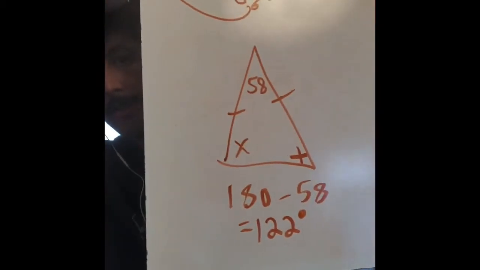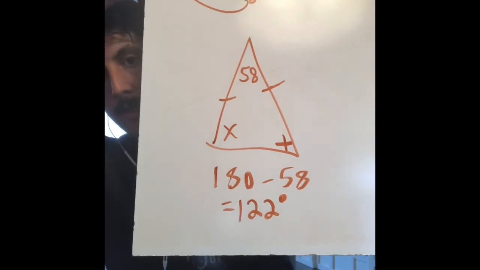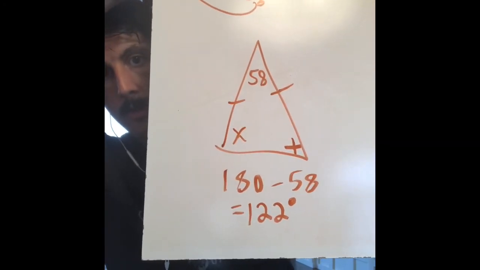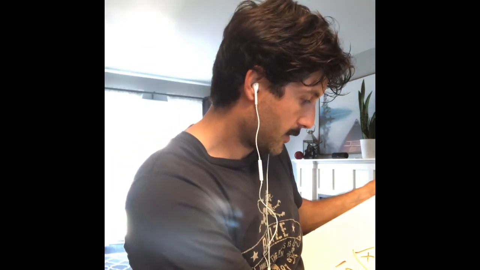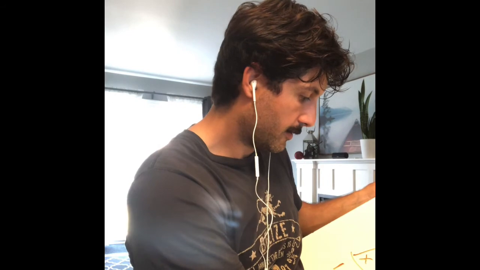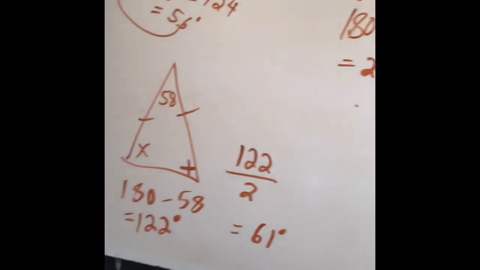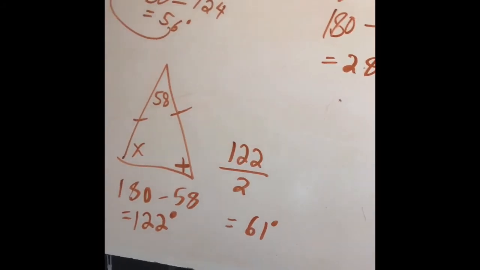So there's my subtraction. 180 minus the 58 equals 122 degrees. And what I'm going to do next, I have two x's. So take the 122 and divide it by 2 equals 61 degrees.